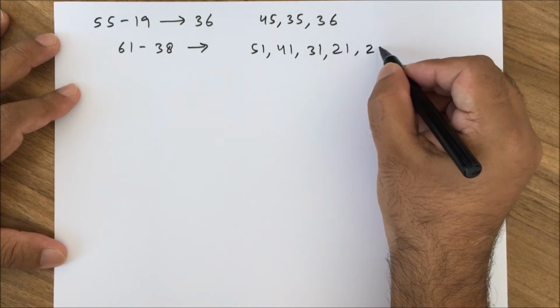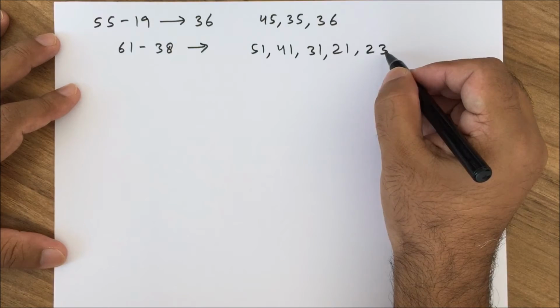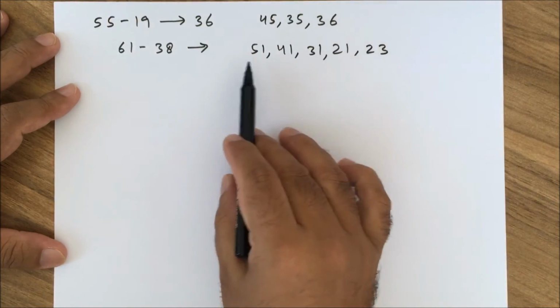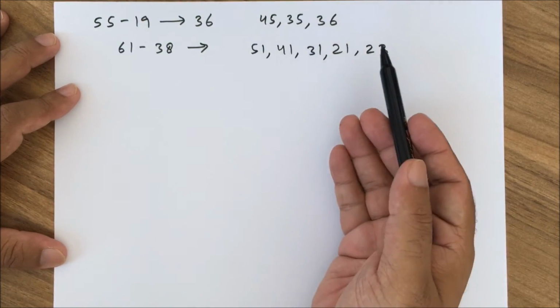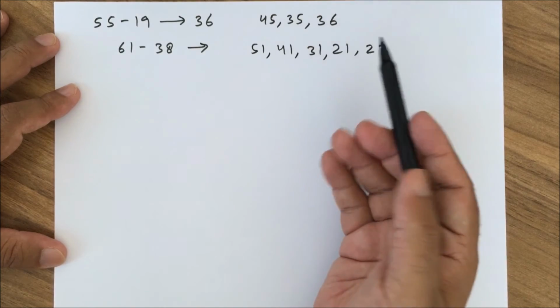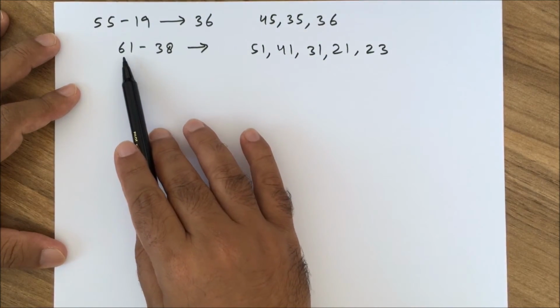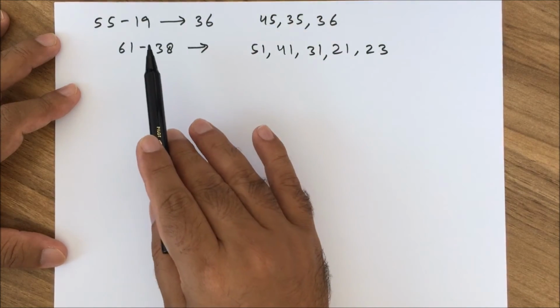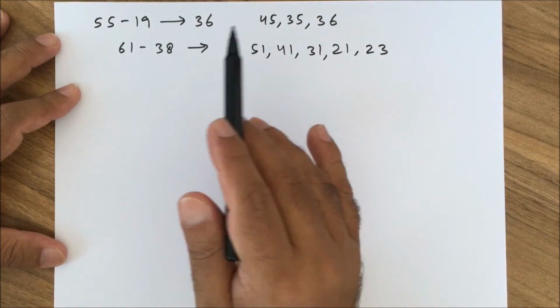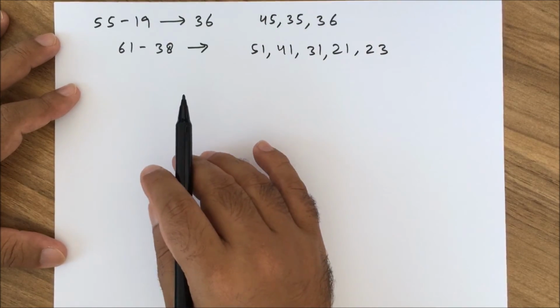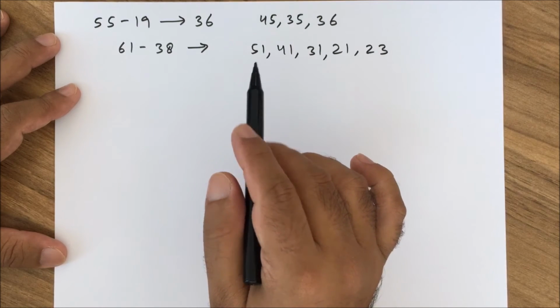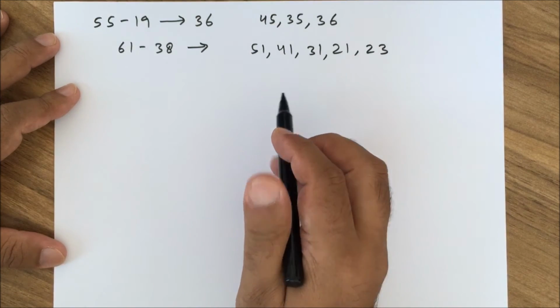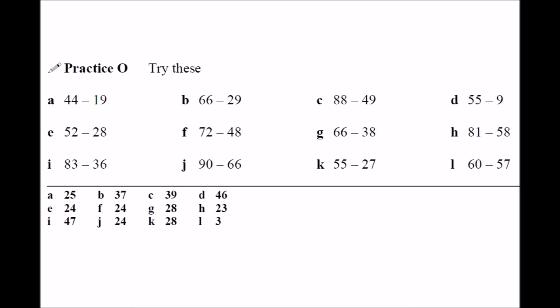So it will be 23. If you do it mentally, you don't have to write anything. You don't even have to write the answer, just tell them the answer. You jump down 4 times, 51, 41, 31 and 21, and then you add 2 to make it 23. Okay, do this practice.